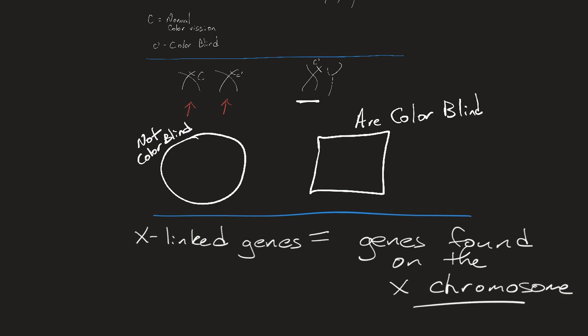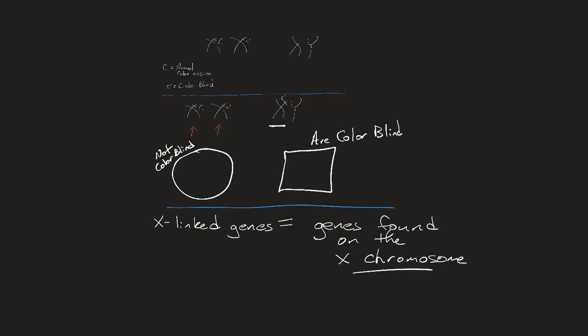So because men in humans and any organism that has this type of setup have only one X, you're going to see this trait more often in males than females.